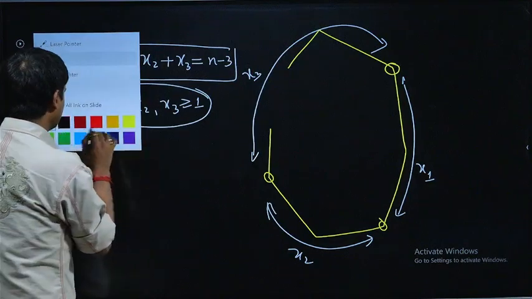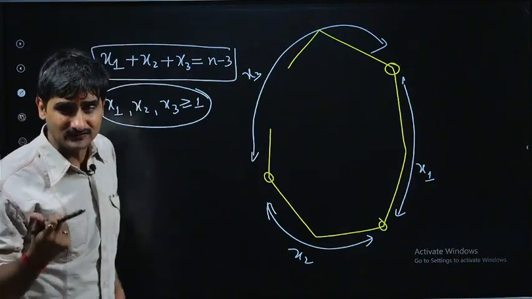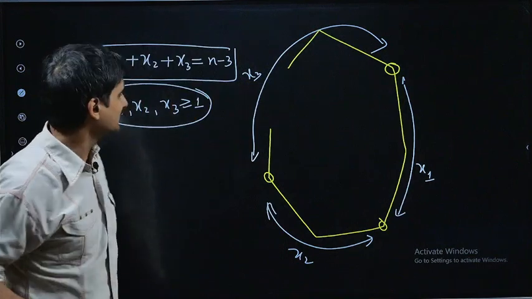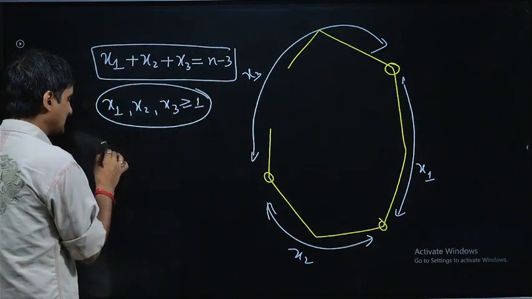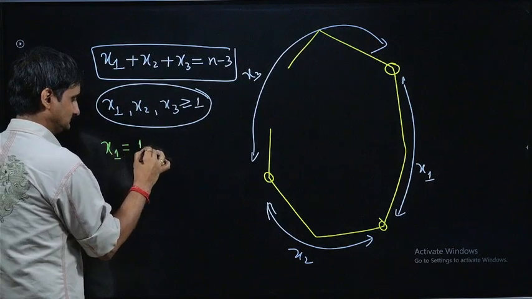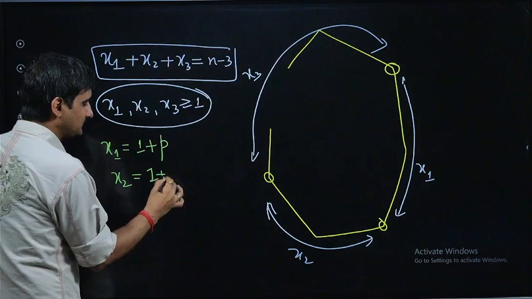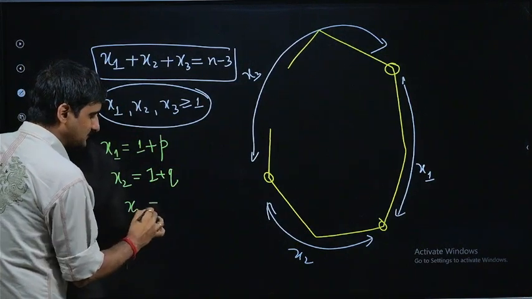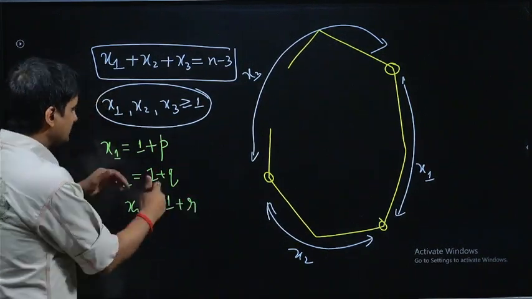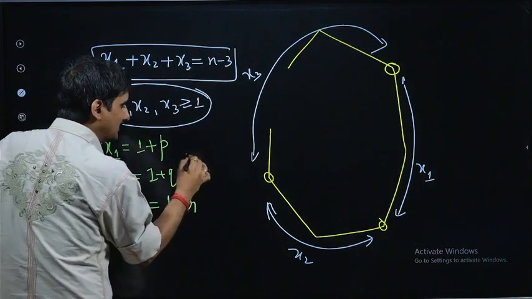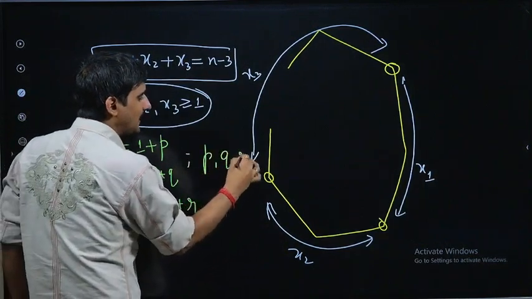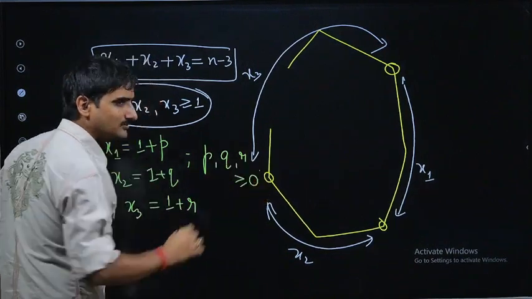Actually, I want to discuss one formula also for the non-negative integral solution. I will say let x1 be 1 plus p, x2 be 1 plus q, x3 be 1 plus r, where p, q, r are greater than or equal to 0.